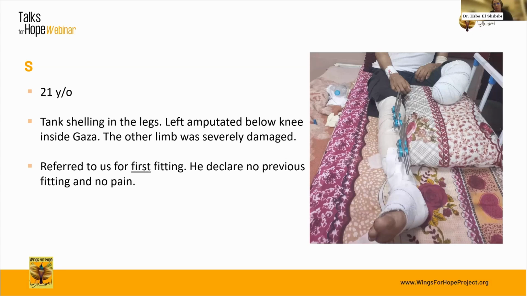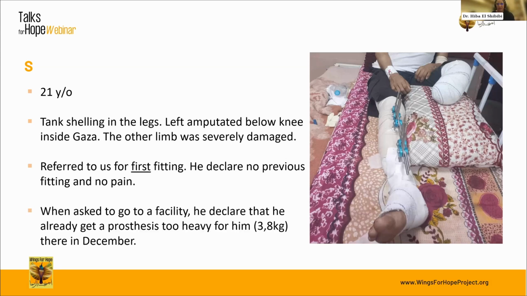He was referred for fitting, and he declared no pain and no previous fitting. So we asked him to go to the nearby facility. We found then that he already had a prosthesis that was too heavy for him. He declared nearly 4 kilos.